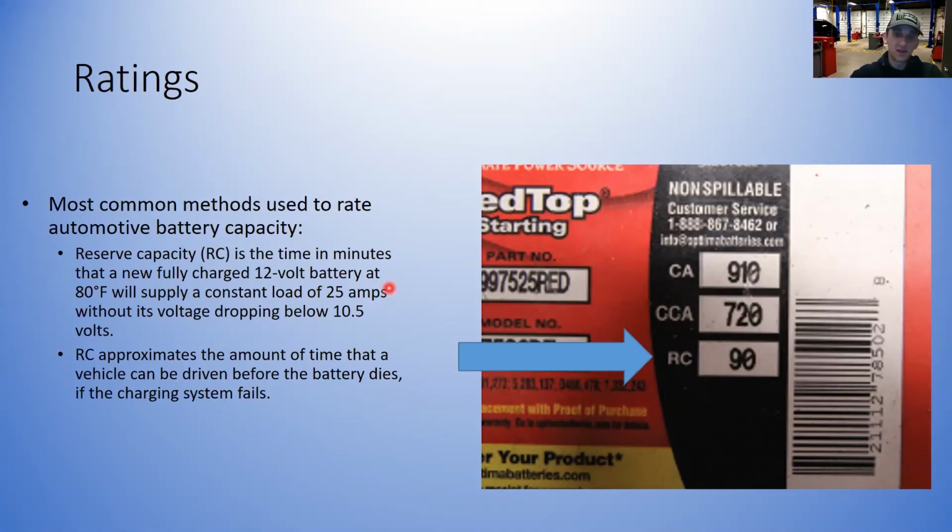So if you're driving down the road, your charging system quits working, it's not charging the battery anymore, it's 80 degrees outside, and you're supplying 25 amps of load to it. Maybe you have the headlamps on, radio on, a bunch of accessories on, whatever. This battery right here could go approximately 90 minutes and keep it above 10.5 volts.